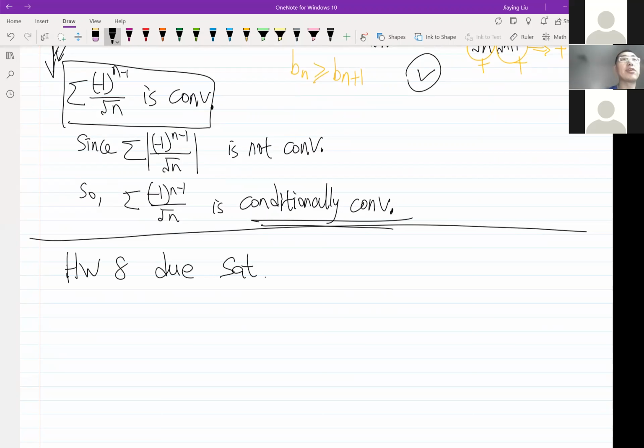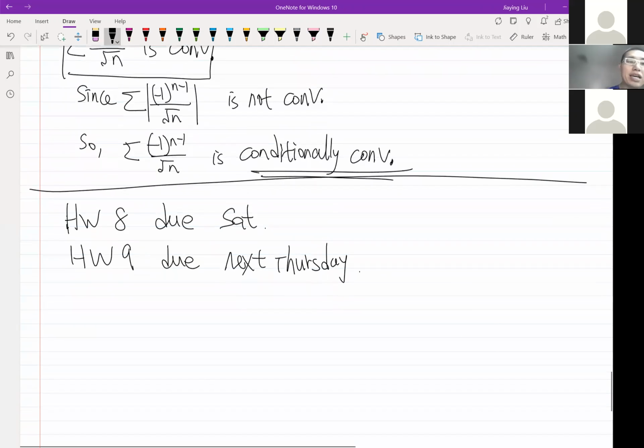And then I'm going to give you homework 9. This will be officially the last homework, which is due, I'm thinking, next Thursday. But after that, I'm going to give you an optional homework.